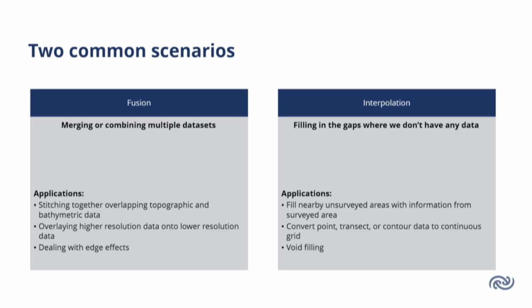So two common scenarios that I come across in dealing with bathymetry data are fusion, meaning we're merging, combining multiple data sets, fitting the puzzle pieces together, which could be topography and bathymetry, or a higher resolution survey with a lower resolution gridded data set.